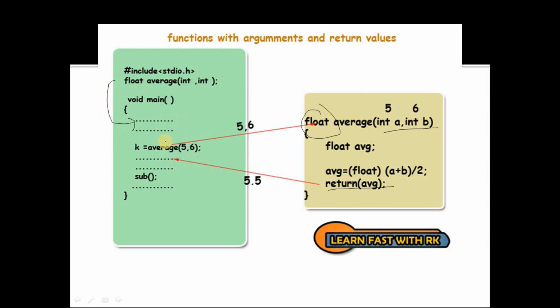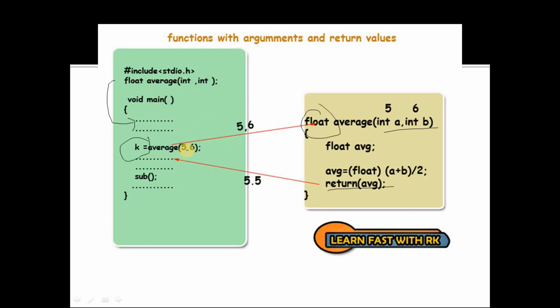When you are calling functions with arguments and a return type, you need to use a variable to store the value returned from the called function. Here the calling function is the main function and the called function is the average function.